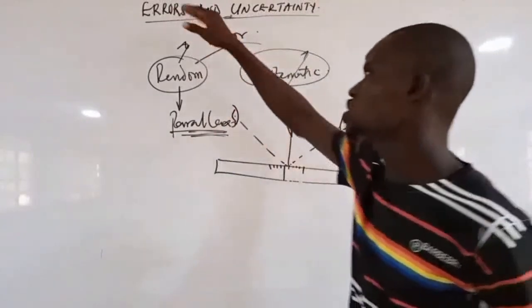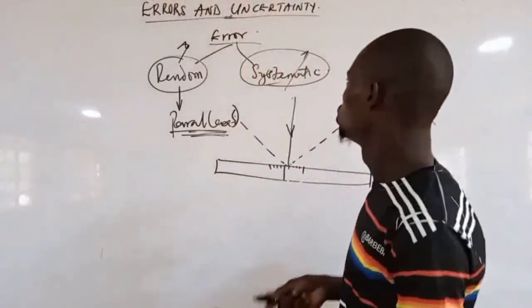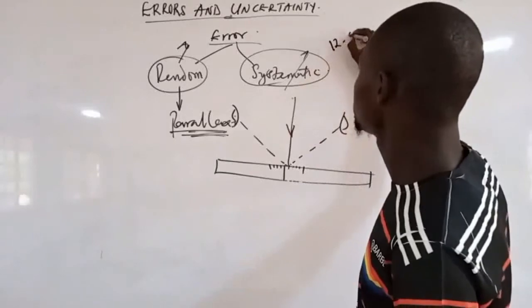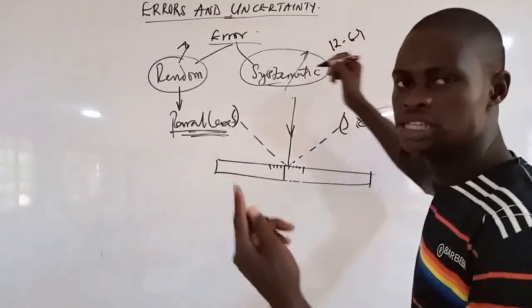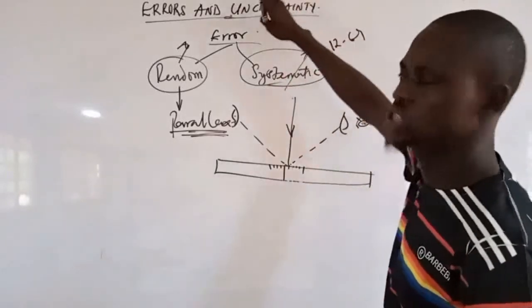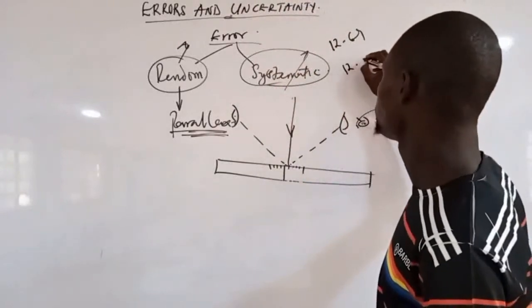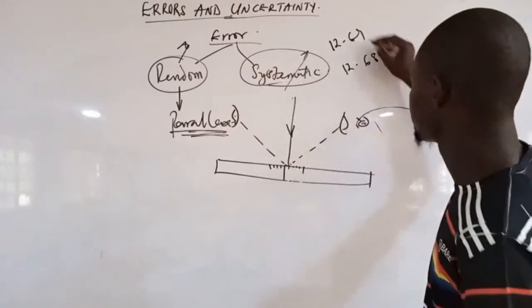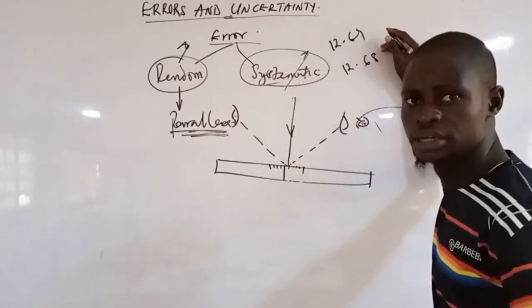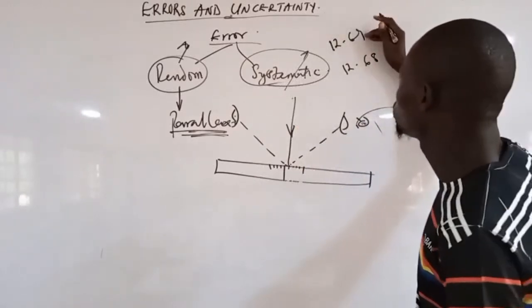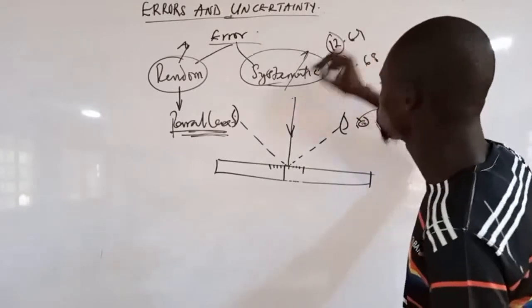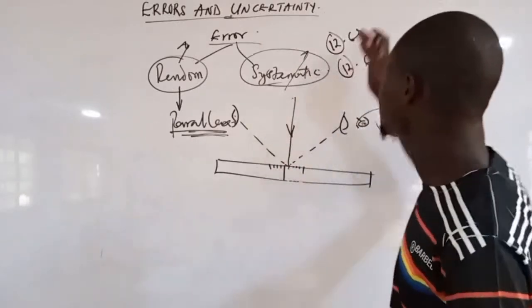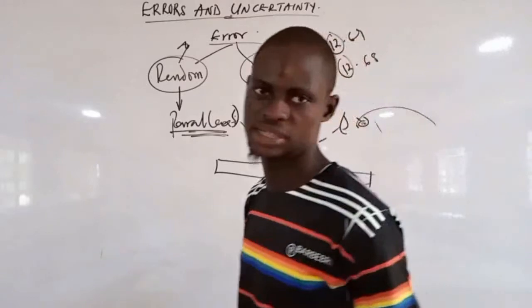A student might measure the length of the board to be 12.69. Another student might measure the length of the board to be 12.68. These are variations in decimal. Now, they will surely have the same whole number, but the decimals will be different.